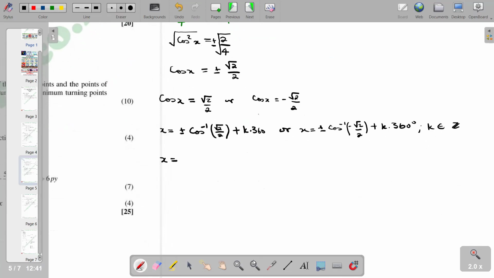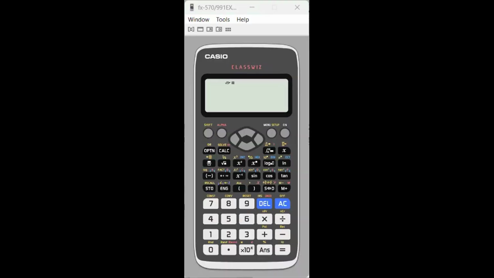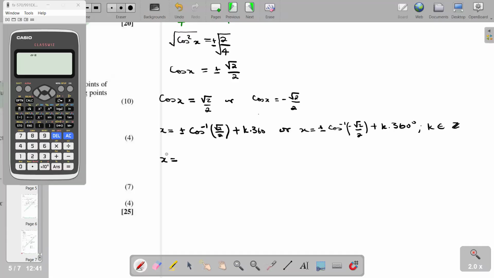going to the calculator. So we are going to have plus or minus.